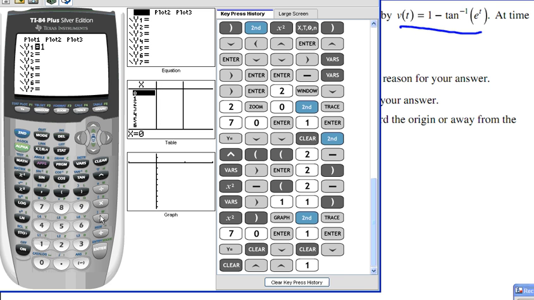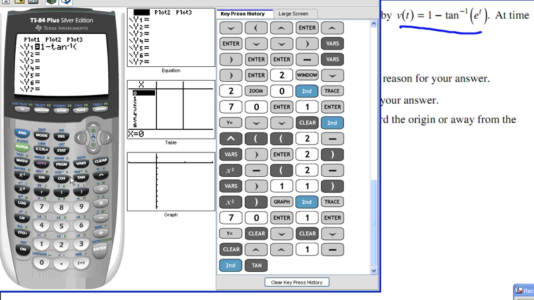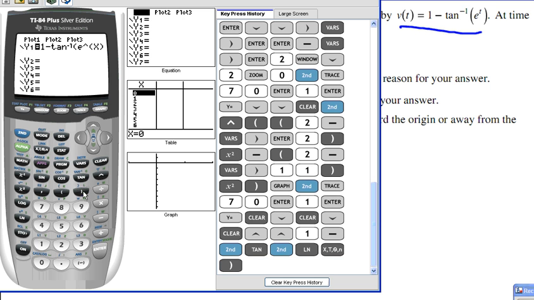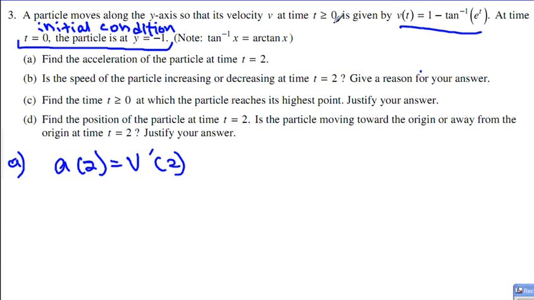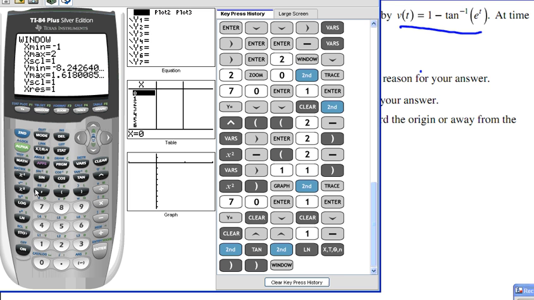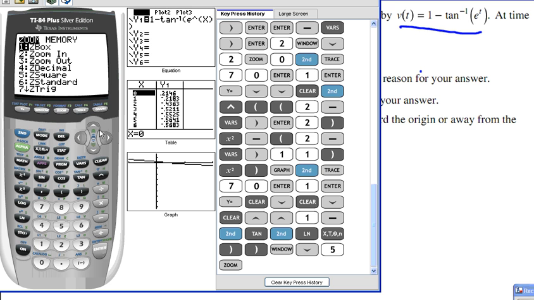Here we have 1 minus arc tangent, secant of e to the power, right over here, of x. Instead of t, we just put down x. It doesn't matter. Now, what is the boundary? The boundary seems to be t has to be greater than 0, and it has to include at least 2. So I'm going to set the window from -1, which is fine, and put the x max as maybe 5, and just zoom fit.